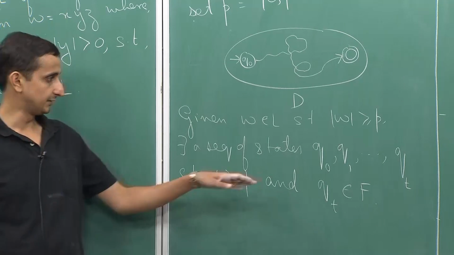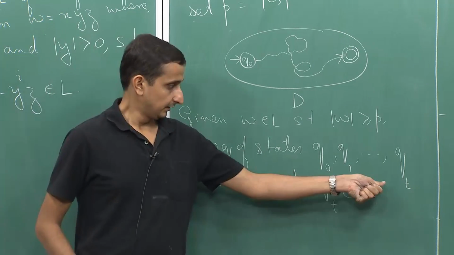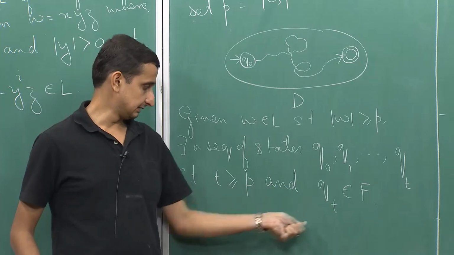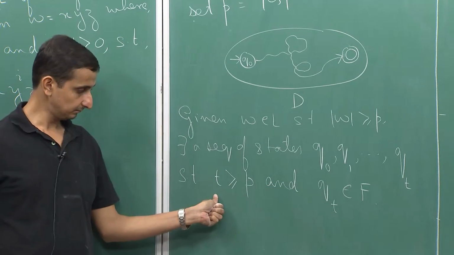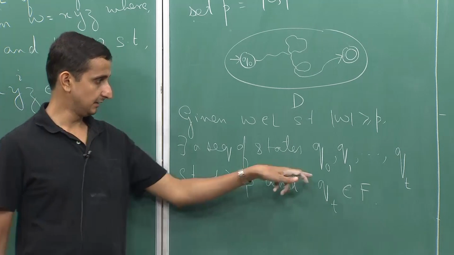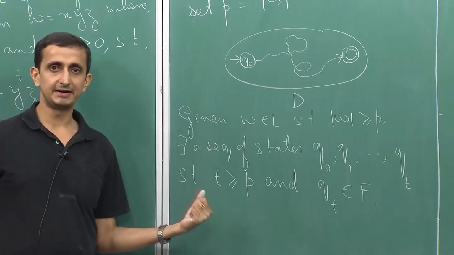So, there exists a sequence of states that the DFA takes, such that the last state is an accept state, and the number of states is 0 to t, which means t plus 1.